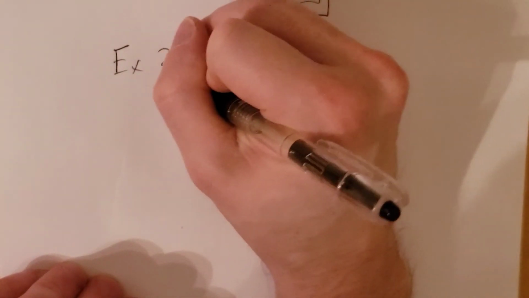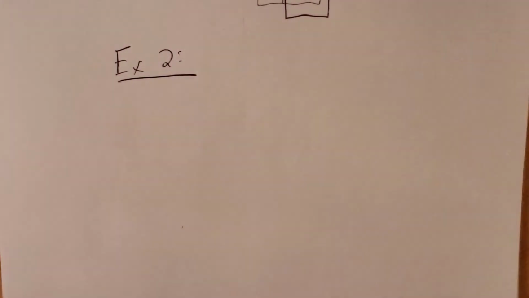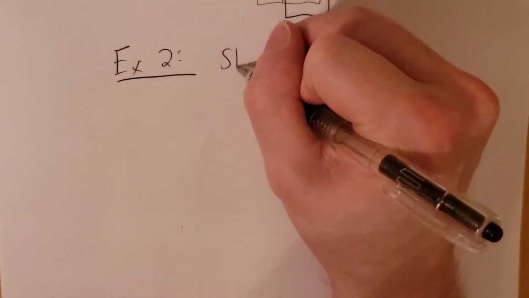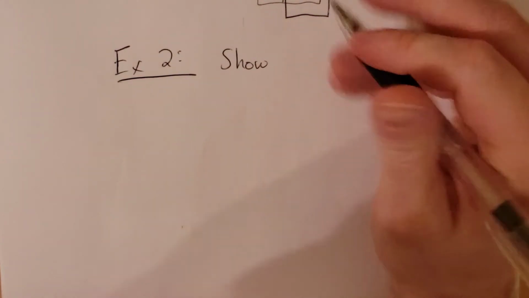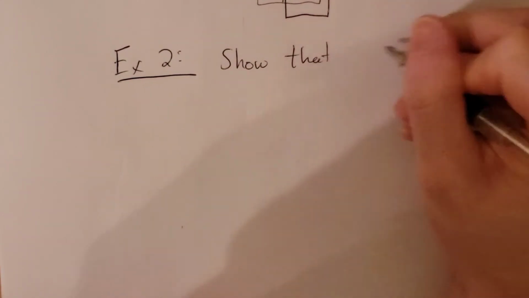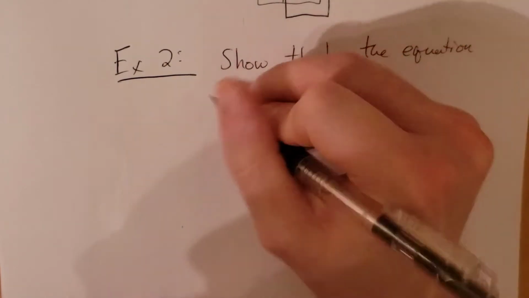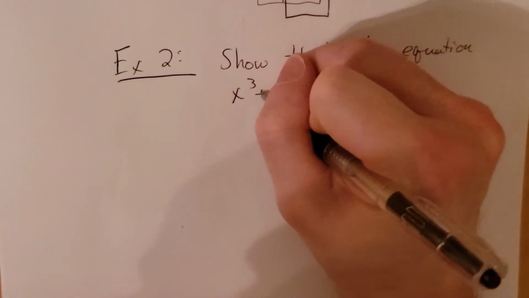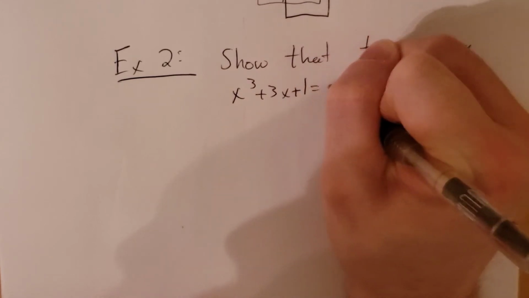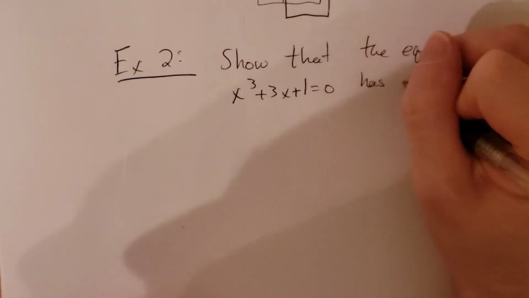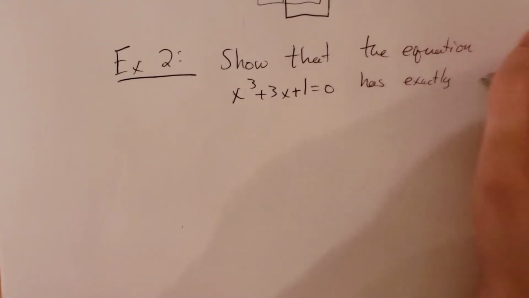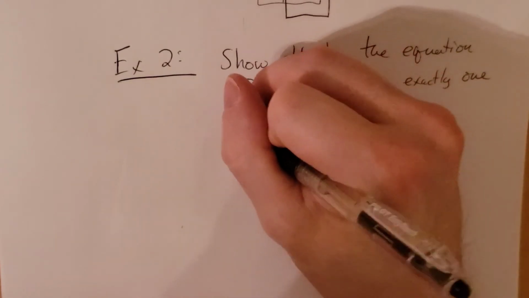Now we're going to see the power of Rolle's theorem. We just practiced it in this previous example, but in this upcoming example, we're going to see what kind of problems it can help us solve. So we're going to show that the equation x cubed plus 3x plus 1 equal to 0 has exactly one real solution.